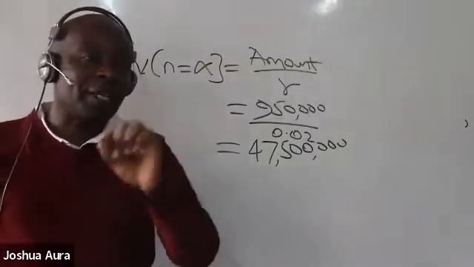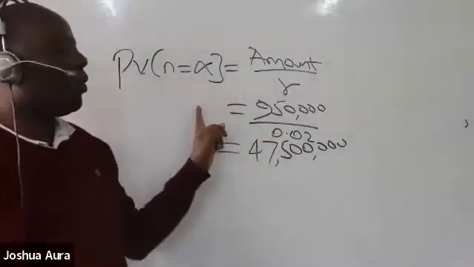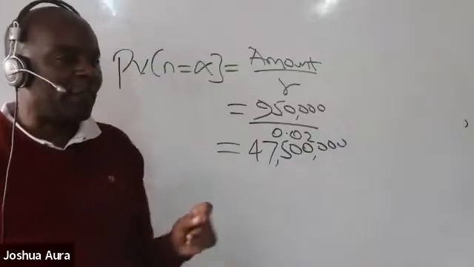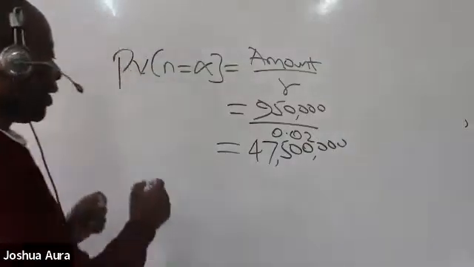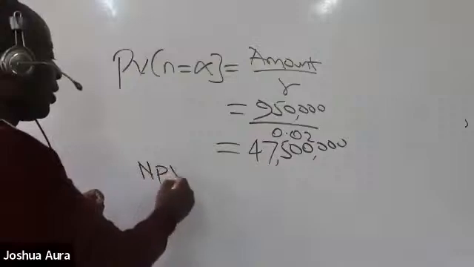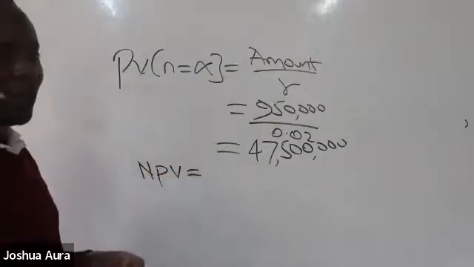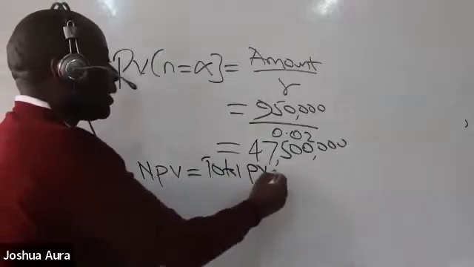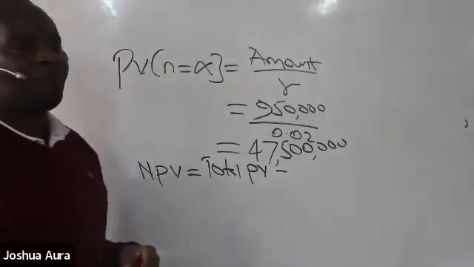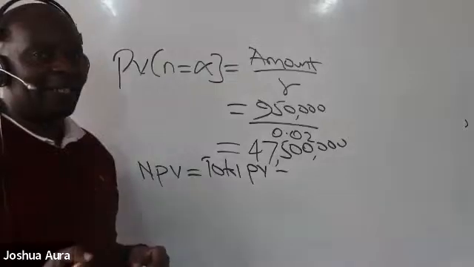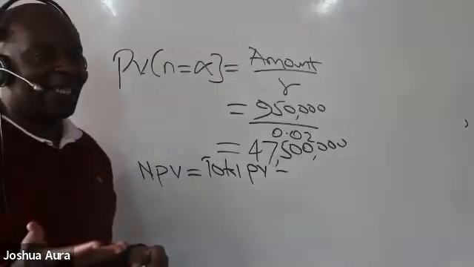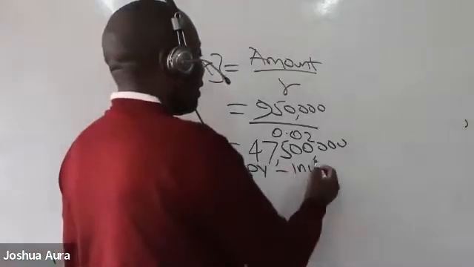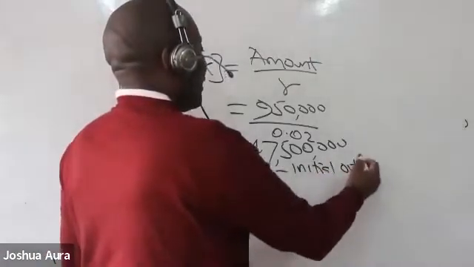It doesn't stop there. Once you get present value, you would want to get net present value. So how do we get the net present value? I would take the total present value minus the initial outlay.